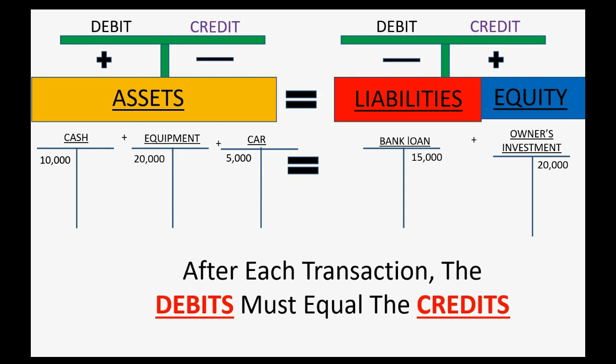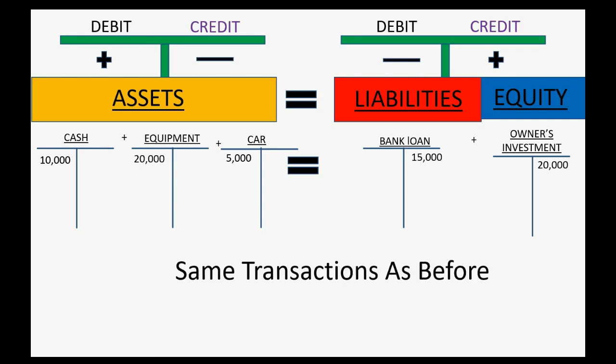That's the reason why you have to make sure the debits equal the credits, because in the system that you're looking at, in this diagram, it will make it so that the fundamental accounting equation stays equal after each transaction. Now, we'll do the same transactions as before, except every transaction will change two accounts. One will be debit, the other will be credit, and the result will be exactly as it was before.